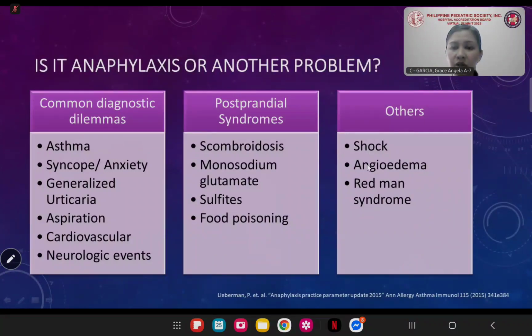Others would be shock. Most of the time, during my fellowship, I was referred for anaphylaxis. When I went to the emergency room and further got the history, the patient had hypotension, and despite giving epinephrine, the blood pressure was still low.